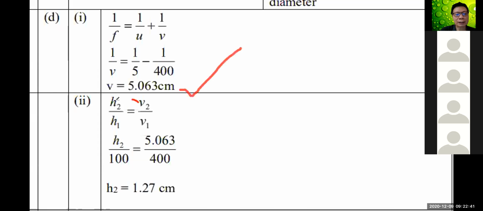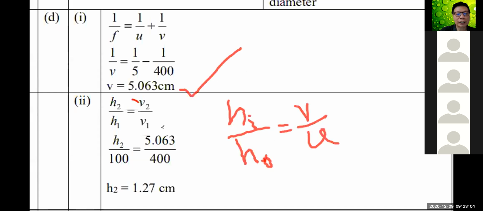Then this answer. Our formula was height of image divided by height of object equal V over U. That's why you put it here.